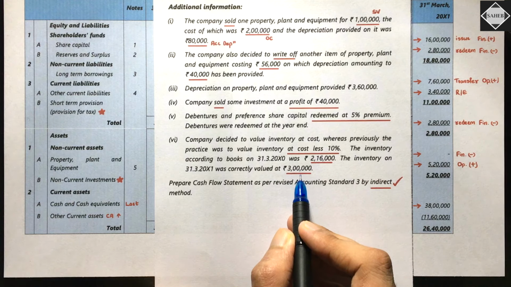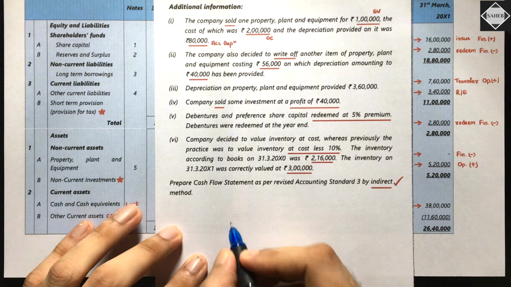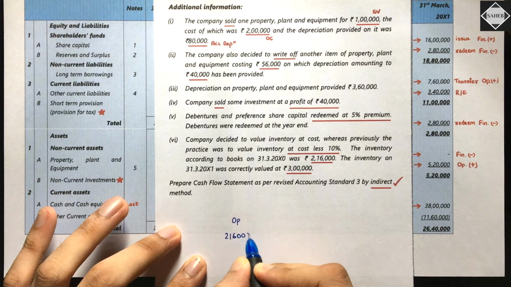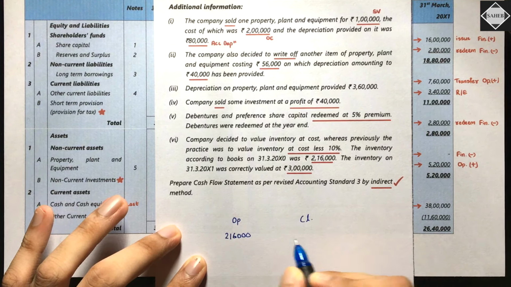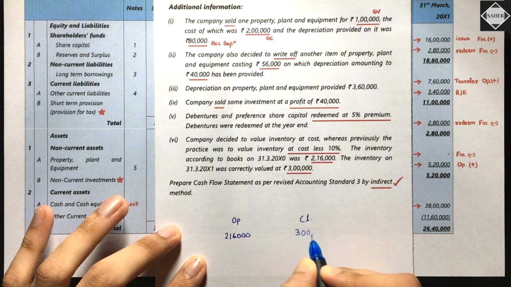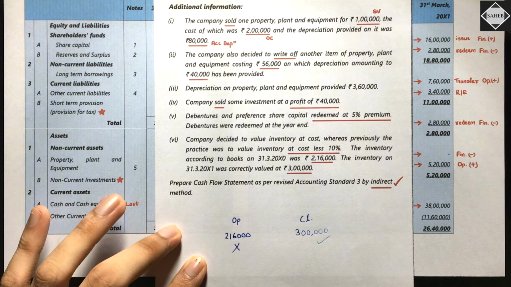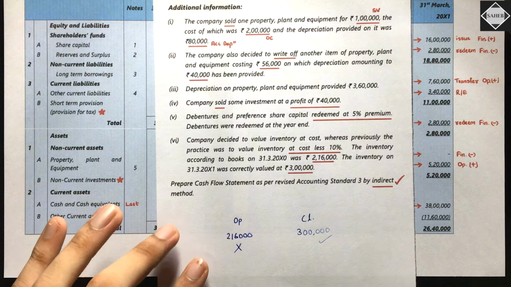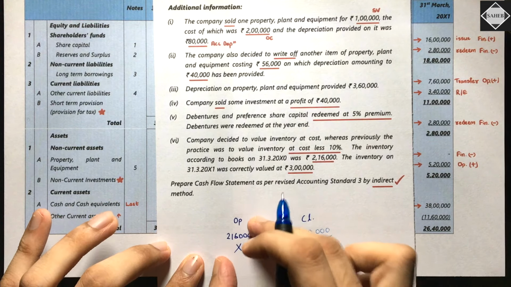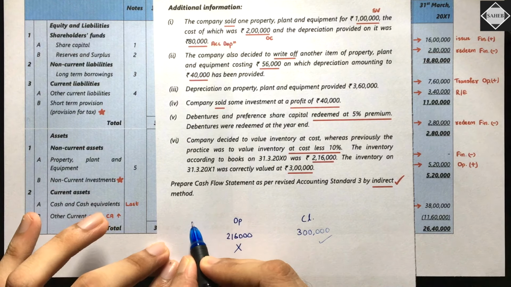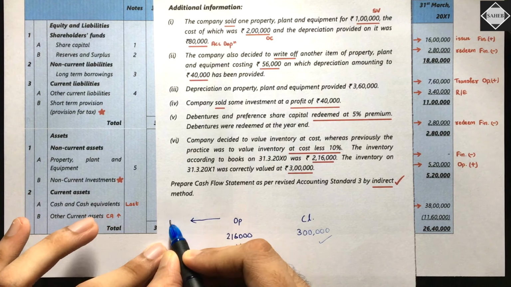So see what they are saying, there is opening inventory of 2,16,000 and there is closing inventory of 3 lakh. So they are saying this is right, this is wrong. Yeah, that is what they are saying. They are saying this inventory is valued at cost less 10%. From where did this inventory come? This inventory came from previous year.